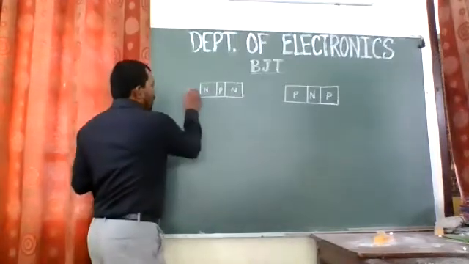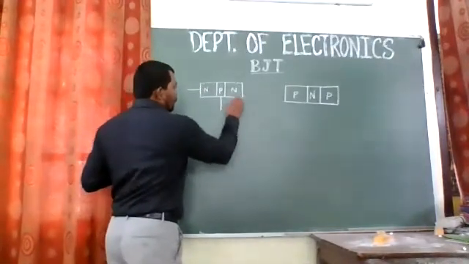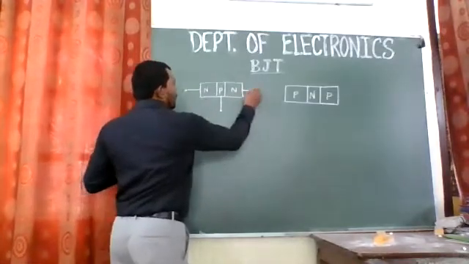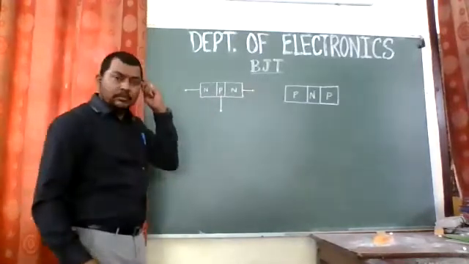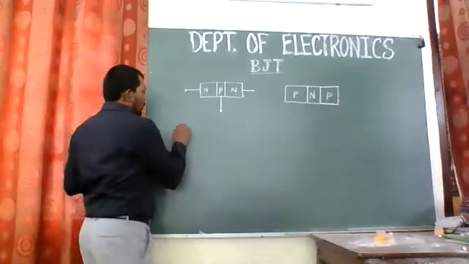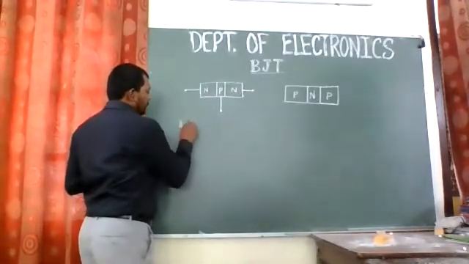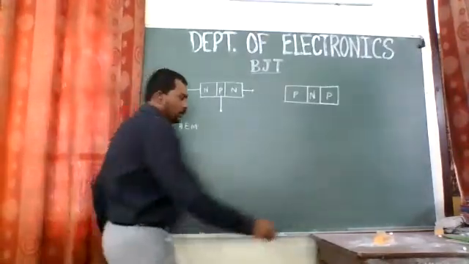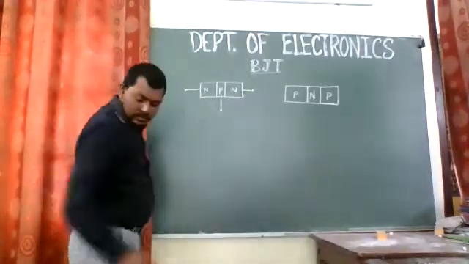So we can have three terminals coming out of it, and we have three names for these three terminals. The first one is called the emitter. I will tell you one by one. I guess it is visible. If not, please let me know.